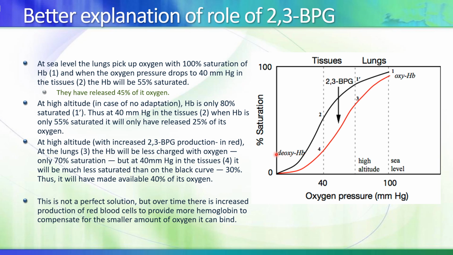Notice that the amount of saturated hemoglobin now is about 25%. So you have reduction from 70% to 25%. And this is a release of 45% of oxygen molecules from hemoglobins. Okay?